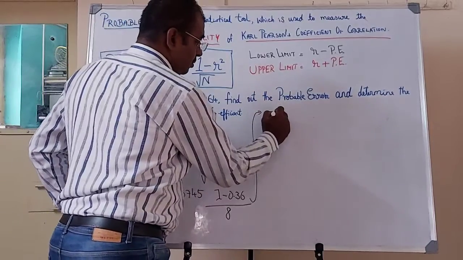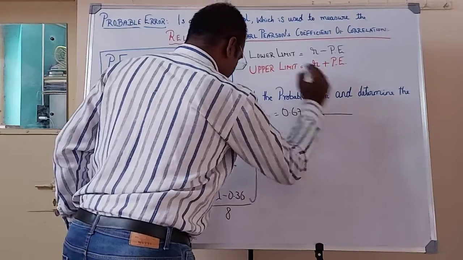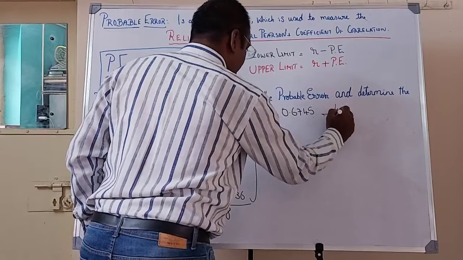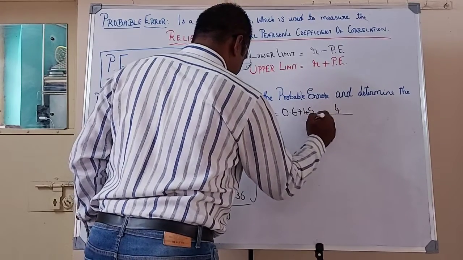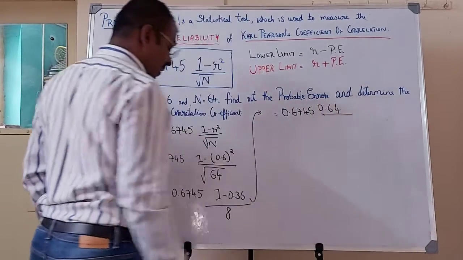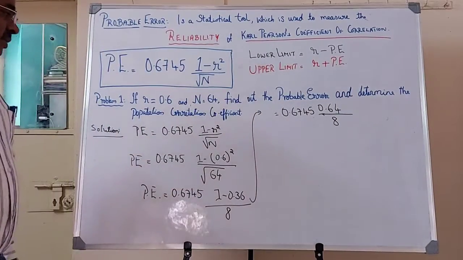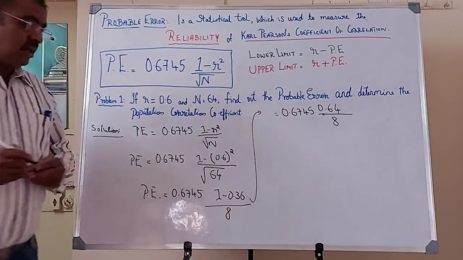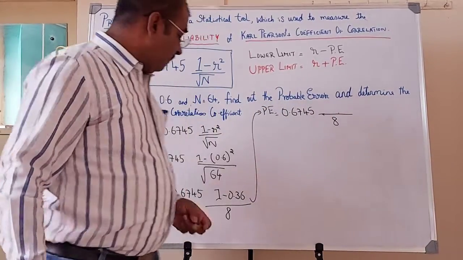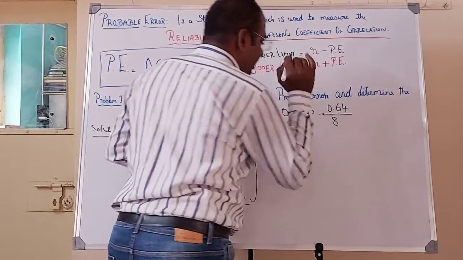That is equal to 0.6745 into (1 minus 0.36) divided by 8. 10 minus 6 is 4 and 9 minus 3 is 6, so 1 minus 0.36 is 0.64.